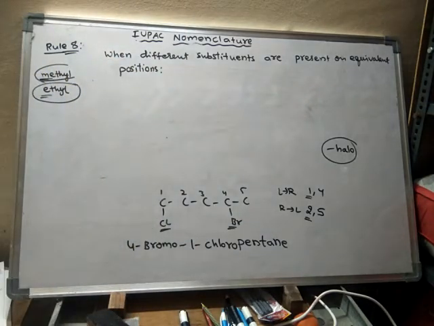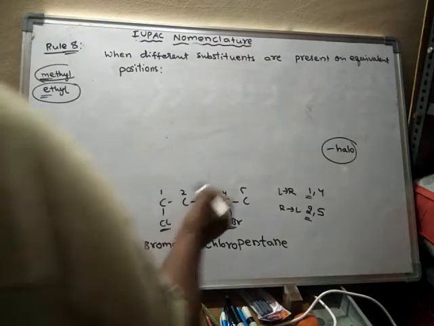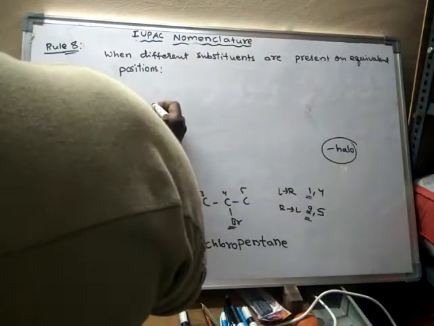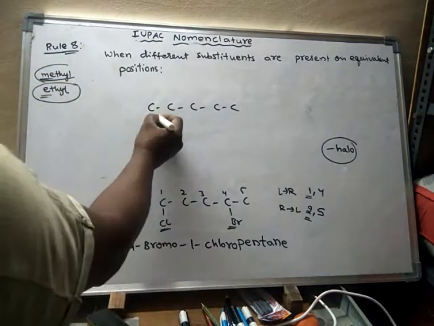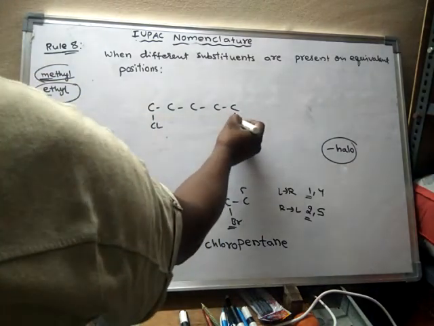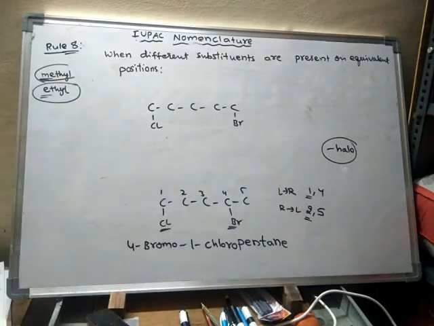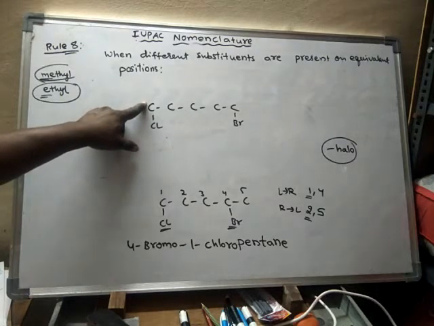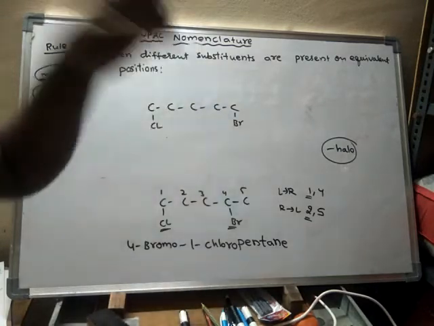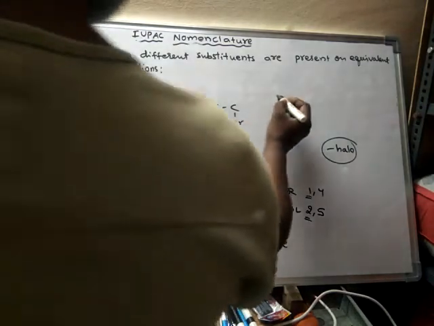So in that case, what do we have to do? See, numbering is done in the way that the group which comes first in the alphabetical order gets the lowest number. For example, take this one. If we go from left to right, the first carbon is a locant carbon and the fifth carbon is a locant carbon.